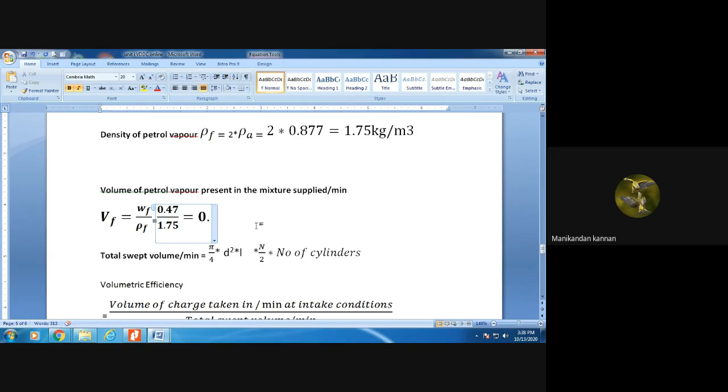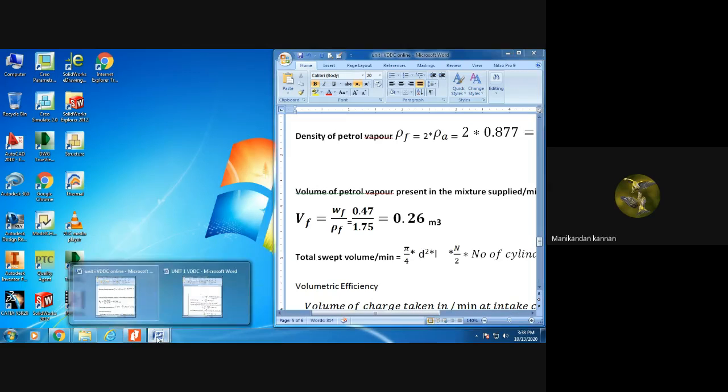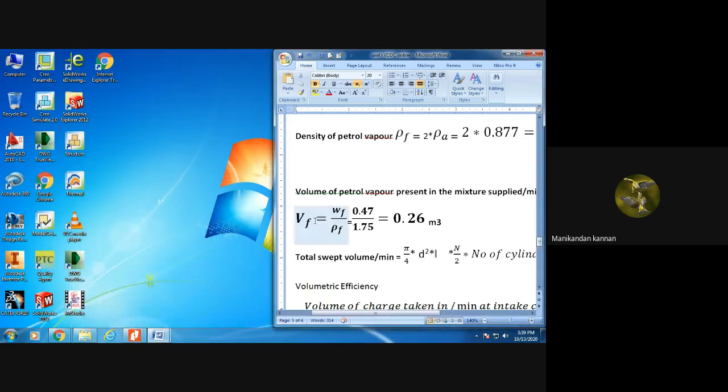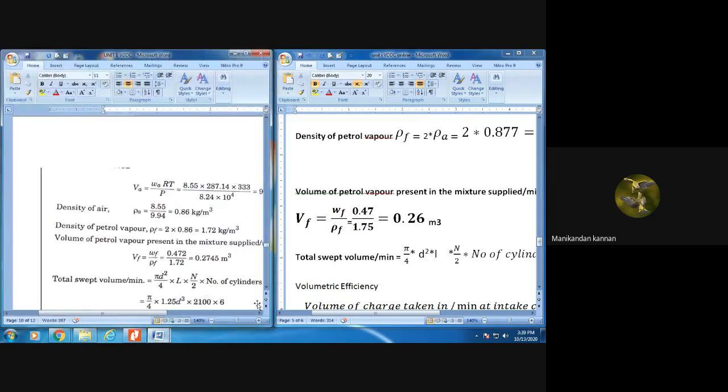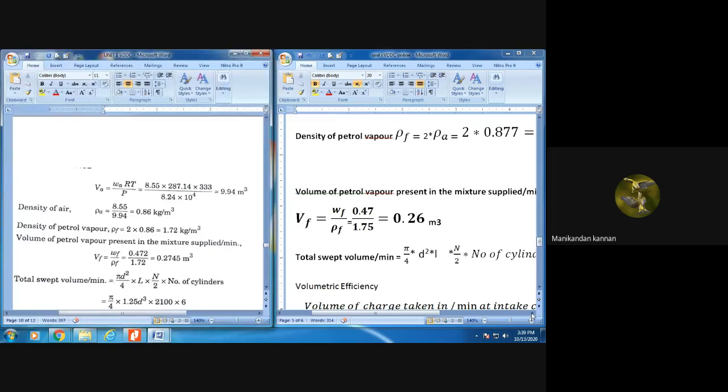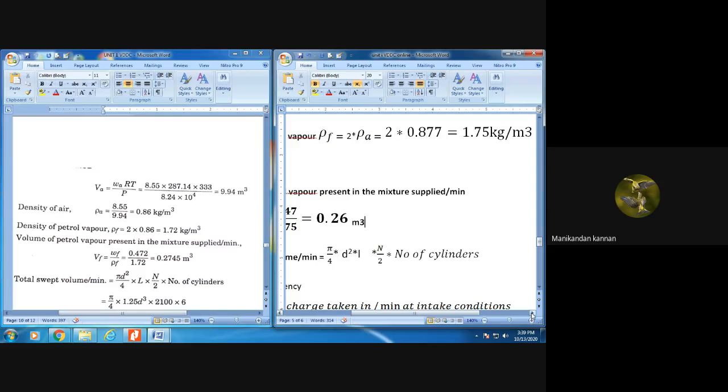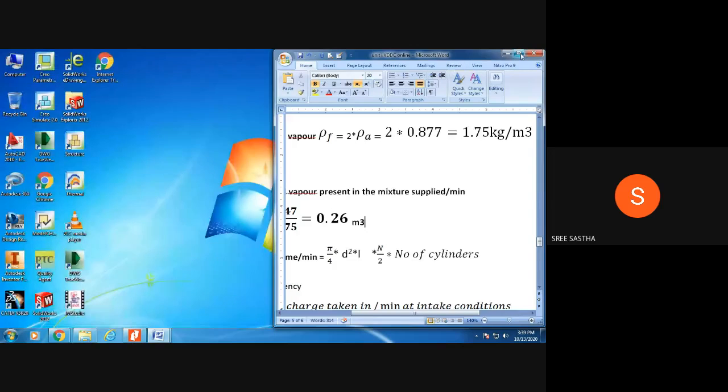Then volume, the unit is meter cube. 0.26, not 0.66. Let me check the value. Okay, it is correct.